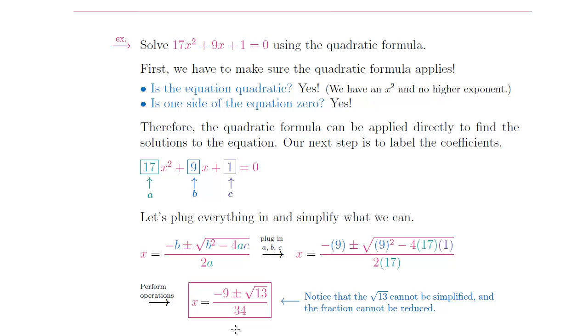Nothing factors out, so the fraction cannot be reduced. This means the solutions to our original quadratic equation are simply negative 9 plus or minus the square root of 13 over 34. Using the quadratic formula is easy so long as you follow the steps and do your math correctly.